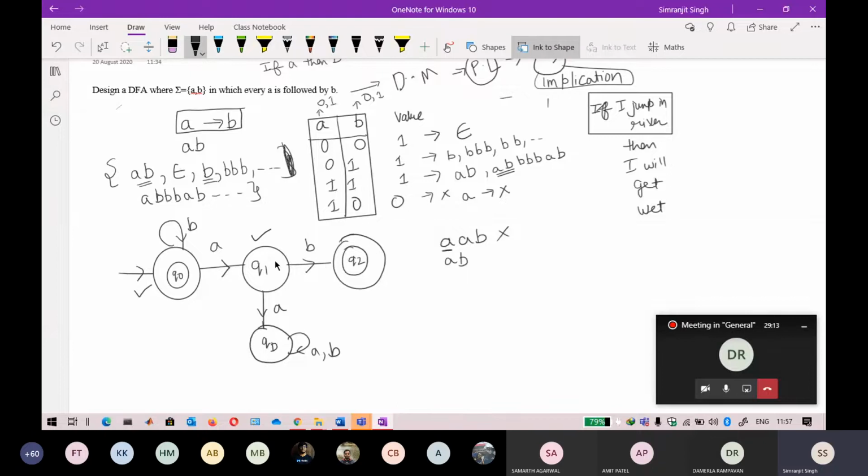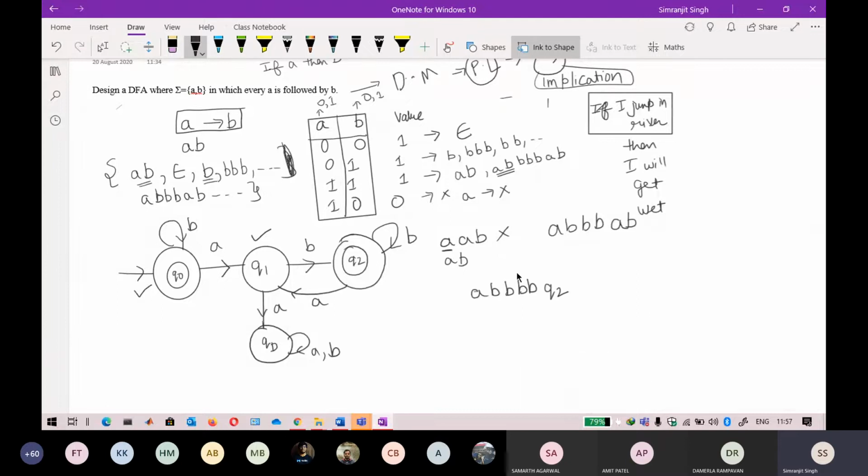For Q2, after ab I do not need to worry about it. Any number of b's can come. But if a comes, I just want to make sure that b follows. So after ab, any number of b's can come and I will always land on Q2, so a is followed by b; this condition is satisfied.